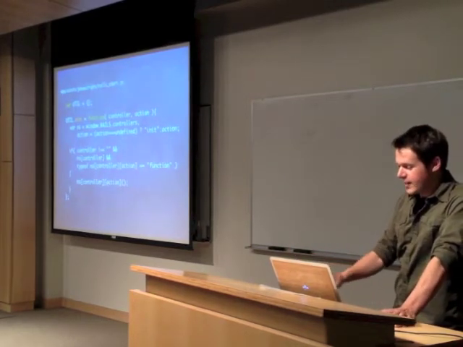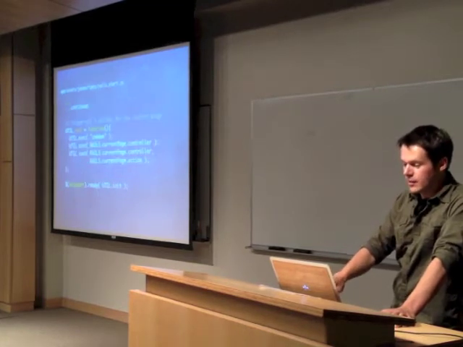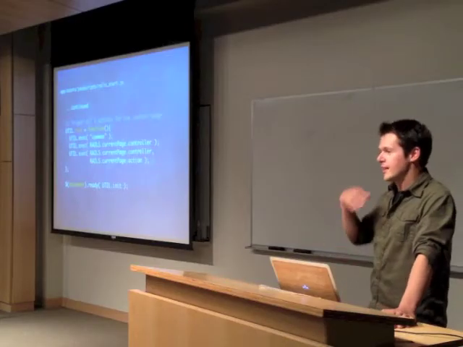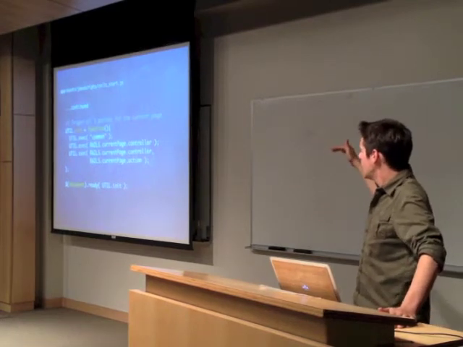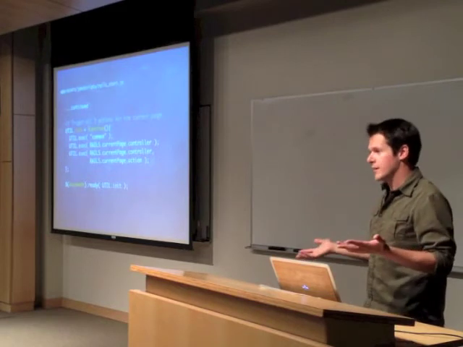So we have this set up, and in the second part of this same file, we have an init function for util that we're going to call on DOM-ready, and we're going to say when the page is set, do common init, do the controller init, and do the controller action, if you find it.